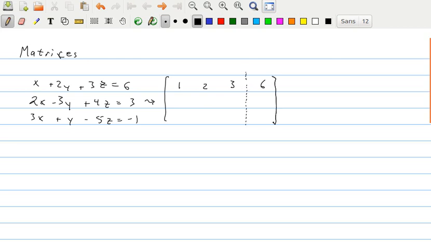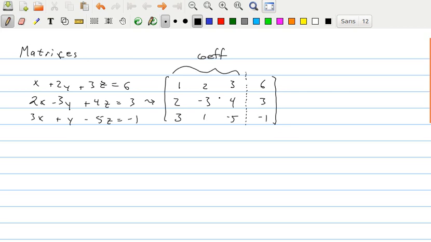When we do this, this is called an augmented matrix. This part right here is the coefficient matrix, and we're augmenting it with the right-hand side of our system of equations. So for the second row, we keep the coefficients 2, negative 3, 4, and the right-hand side is 3. And then for the bottom equation, 3, 1, negative 5 equals negative 1.